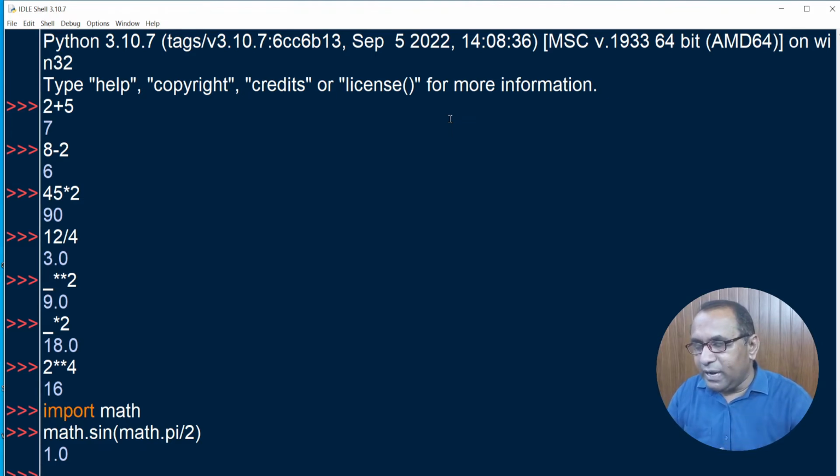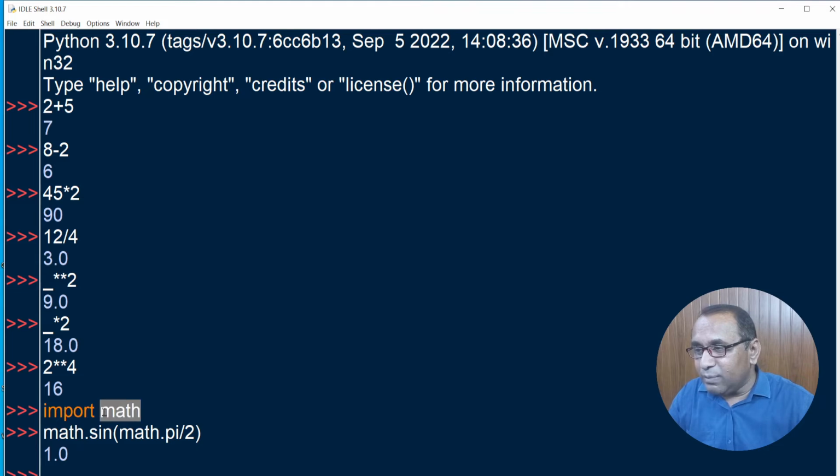Whenever you want to use basic functions which exist in the math module, first you need to use the module name, and after that the function that exists in that particular module. So first you need to understand this statement.